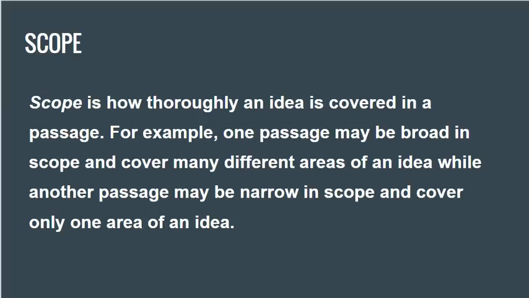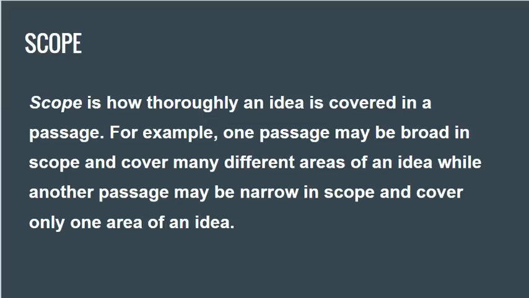Let's discuss scope. Scope is how thoroughly an idea is covered in a particular passage. So let's think of it this way. Scope. Think of a mall. A mall is a very large building and it contains many stores. I could talk about the mall without talking about an individual store.